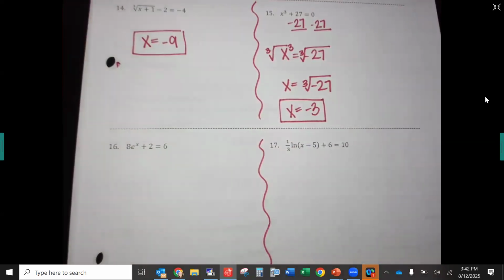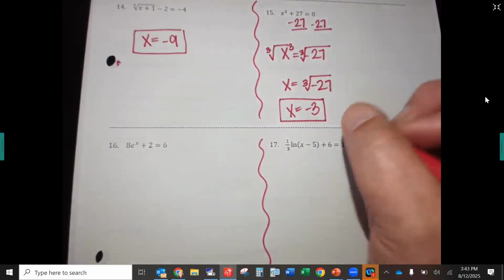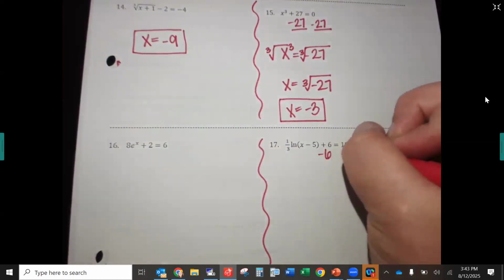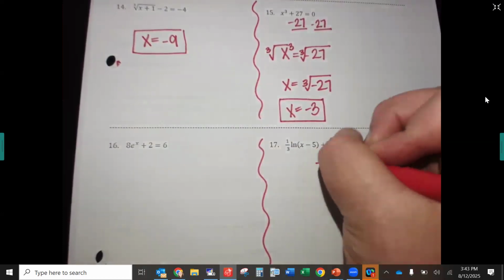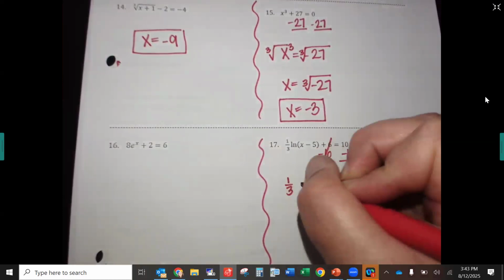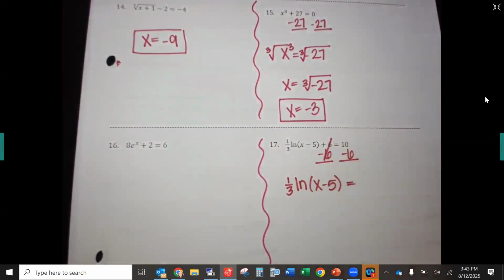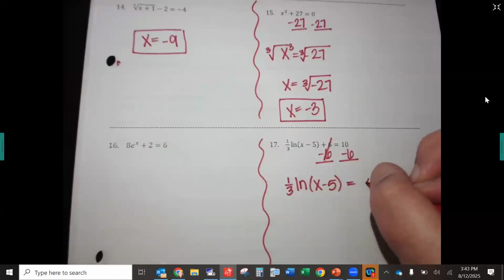All right, one more we're going to do together right now. It's number 17. What do you think you should get rid of first? For 17, it's going to be the 6, but it would have been the 2 on the previous question. So we're going to minus that 6 across. 10 take away 6 gives me 4.